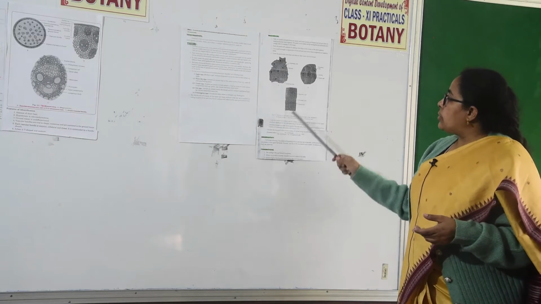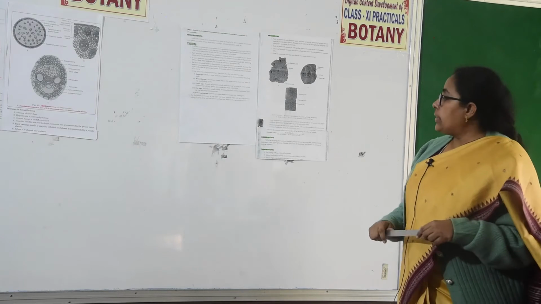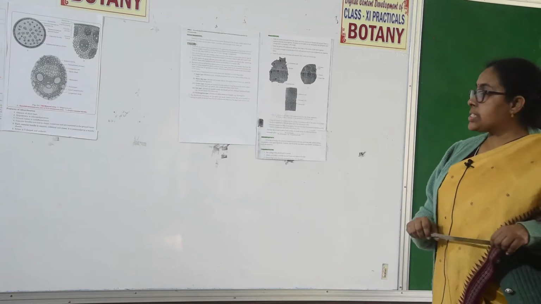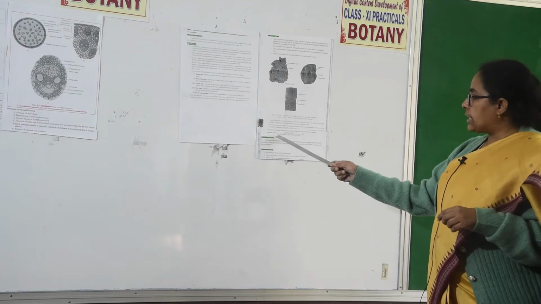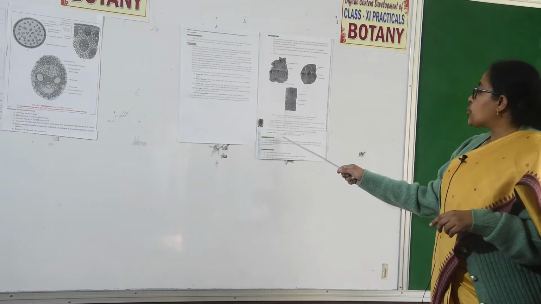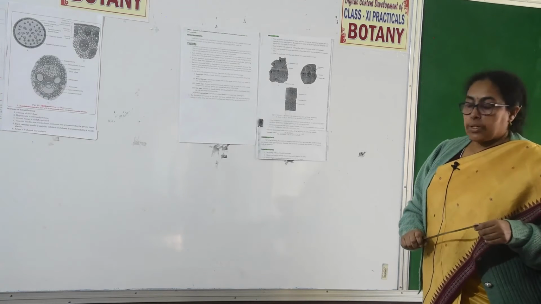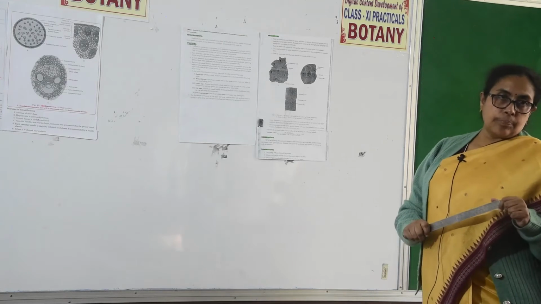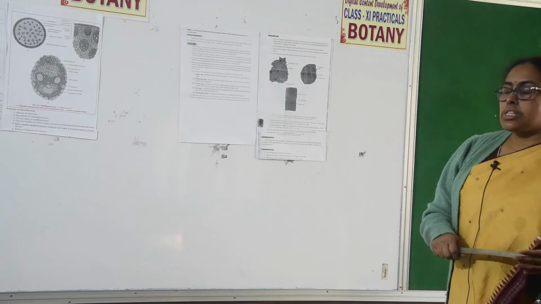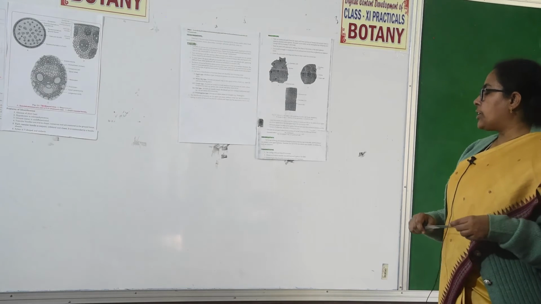After making the slide, you will calculate from the total number of stomata present the stomatal index, that is number of stomata divided by number of stomata plus number of epidermal cells, into 100. Basically, it is not done at the class 12 level, but still this is the procedure which you are going to find out.